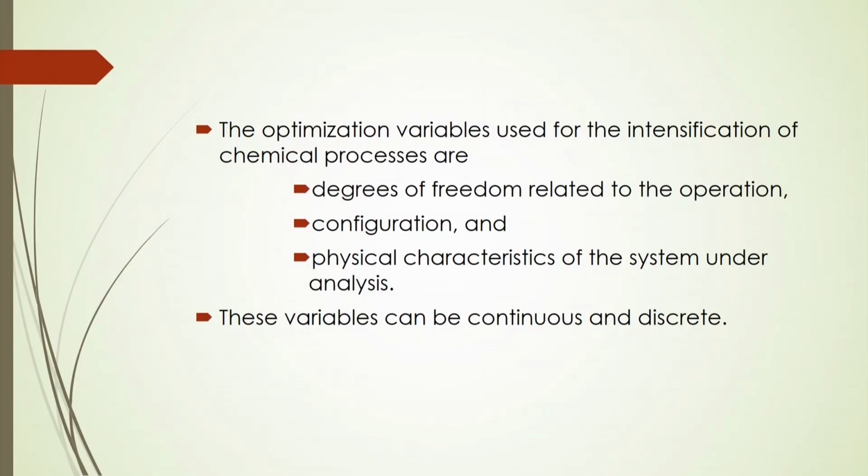So, these are the different optimization techniques that we have discussed in this lecture, and we have seen different types, deterministic and also stochastic optimization techniques. There are several advantages of the stochastic optimization techniques relative to the deterministic techniques.